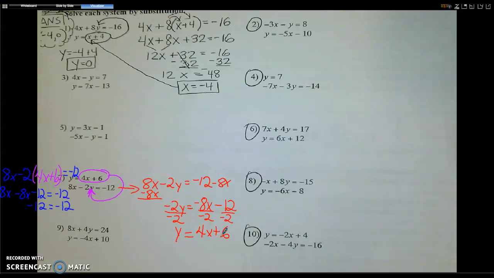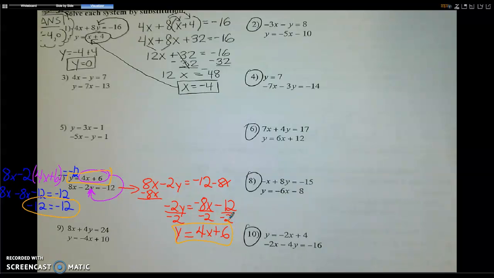Okay, so a couple of things here. This is a special case situation. So I ended up with a true statement. The variables canceled and I'm left with a true statement. When my variables cancel and I'm left with a true statement, it means infinite number of solutions. I've also verified it because I know that this equation and this equation are identical.